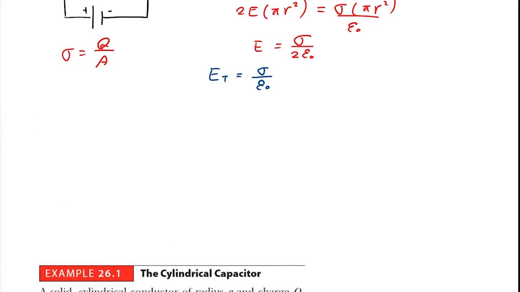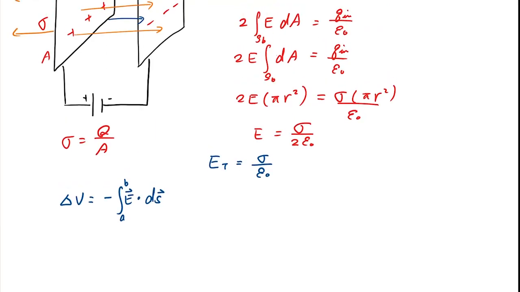Okay, now we can calculate the potential difference. Having said that, delta V, remember, is this. Let's say from A to B, this is A and this is B. Let's just calculate it in that direction.